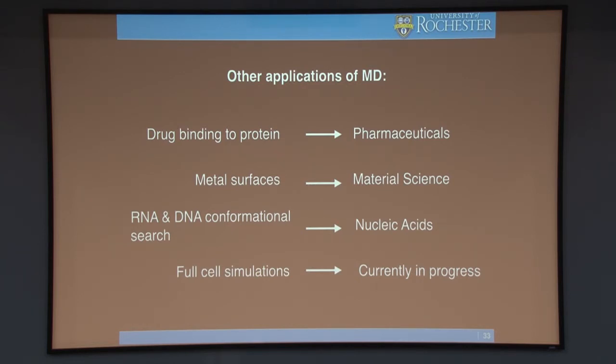All of these require different kinds of force fields. So depending on the molecule of interest, your force field will change. And nowadays, a lot of labs at the University of Illinois, Urbana-Champaign, look at full cell simulations. They are simulating the whole cell and looking at millions of atoms interacting with each other.